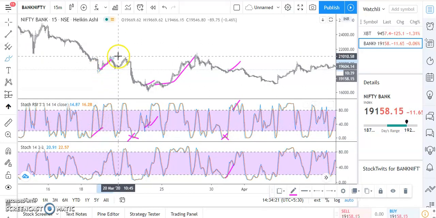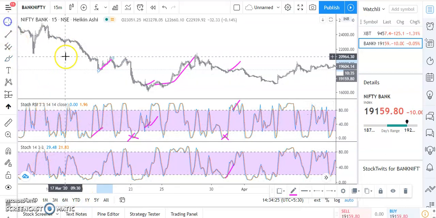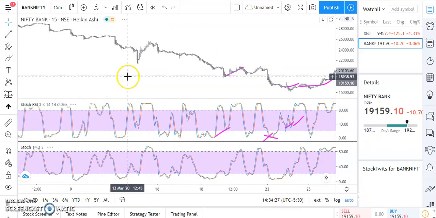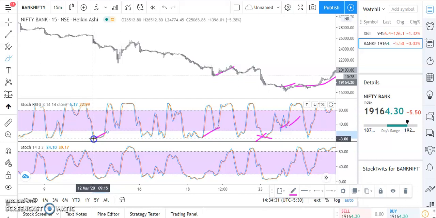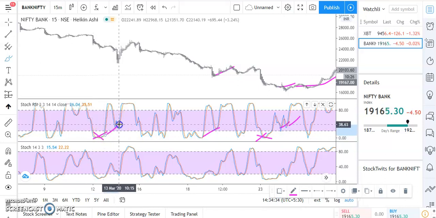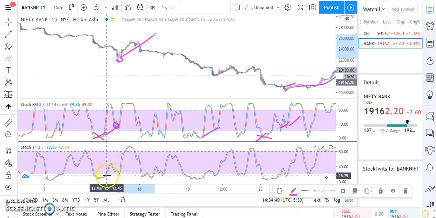Higher crossover, price pump. You can find this same pattern repeating. You should not enter here. Jump. Here the crossover has happened. See, the price jumped.